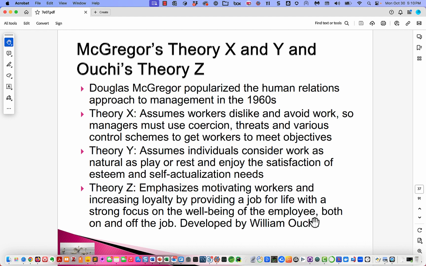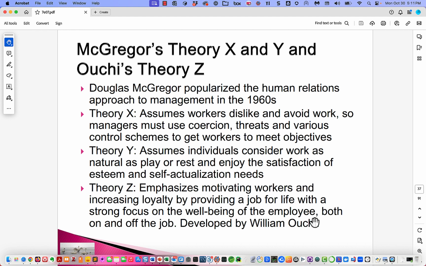Theory X assumes that workers dislike and avoid work, so managers must use coercion, threats, and various control schemes to get workers to meet objectives. Theory Y assumes individuals consider work as natural as play or rest and enjoy the satisfaction and esteem and self-actualization needs.